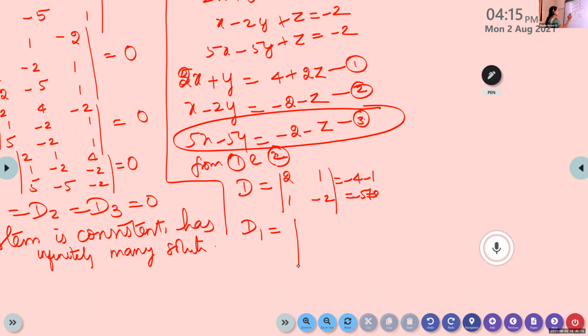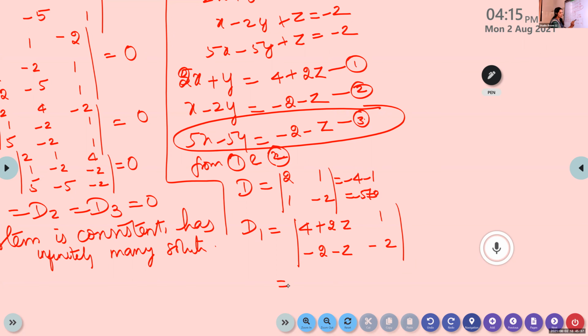What is D1? Instead of the first column, the coefficient of x, we replace it with the constants: 4 plus 2z, minus 2 minus z, 1, minus 2. Is it okay, children? D1, like how we did in the previous question, but here we take z as a constant.